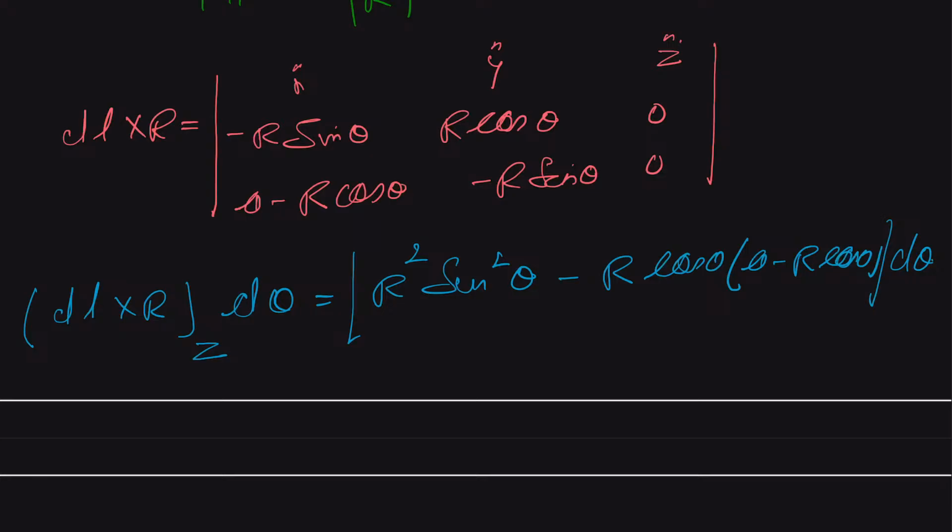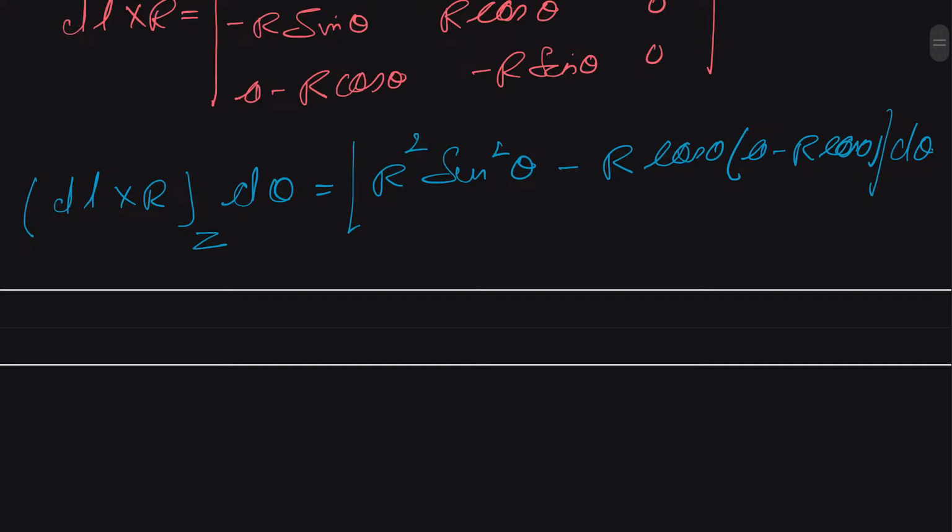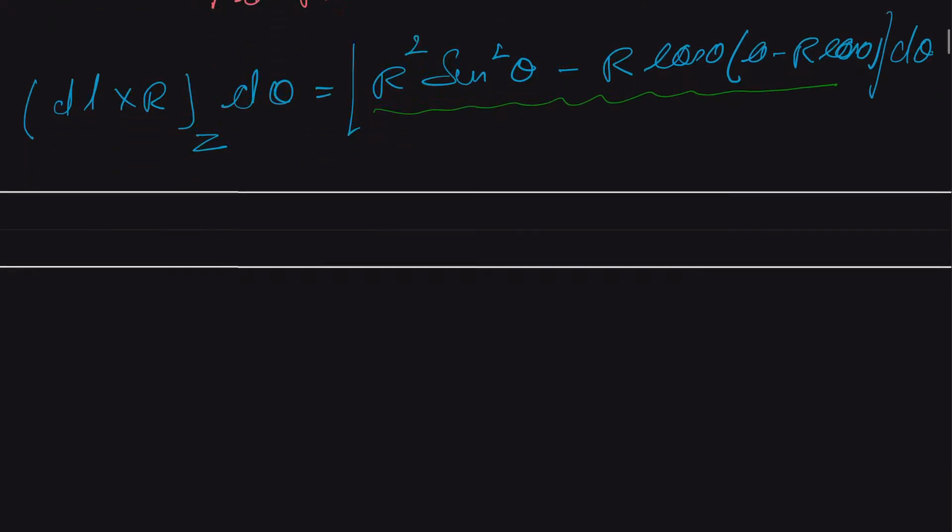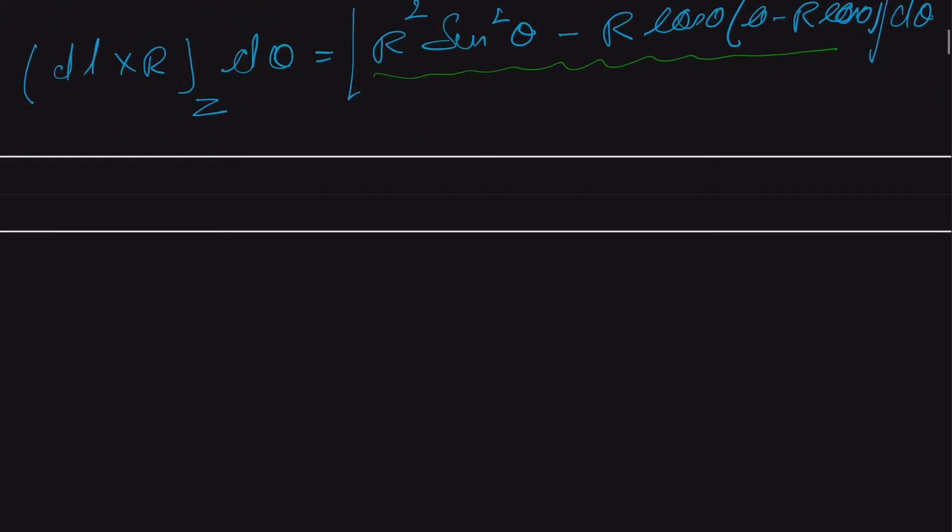The only thing left is to calculate the term inside the bracket. So dl cross R will be equal to 0, 0, because only the z component is left, x and y components are 0, and this will be equal to R square minus AR cos theta.